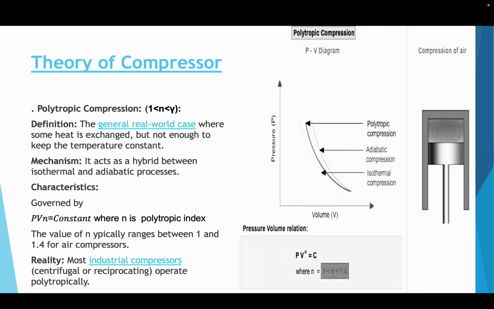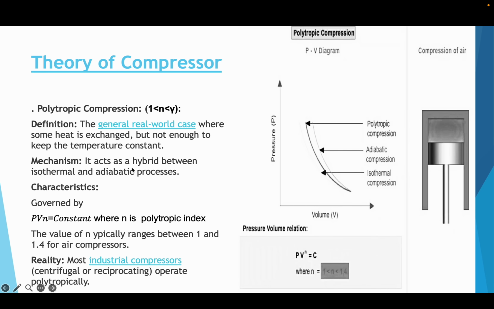It means in polytropic compression the heat is removed in some percentage but not completely, and hence it falls in between the adiabatic and isothermal.